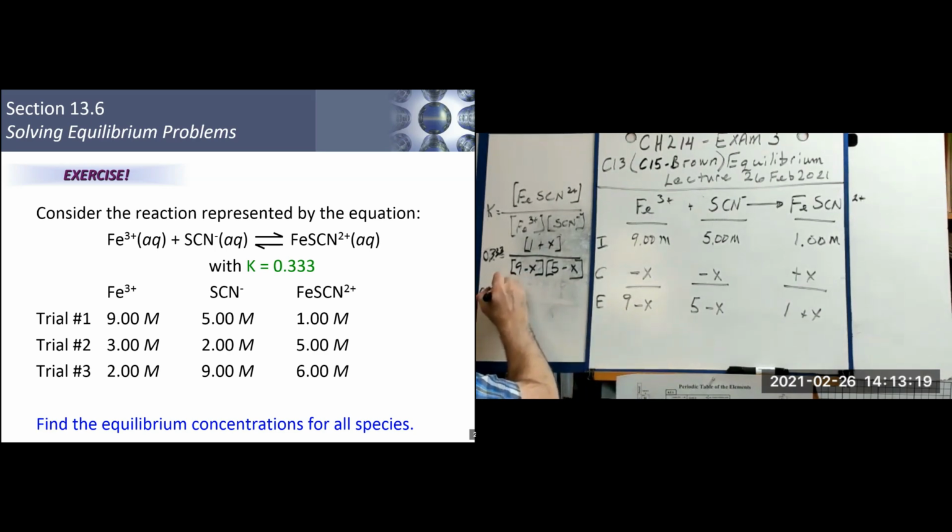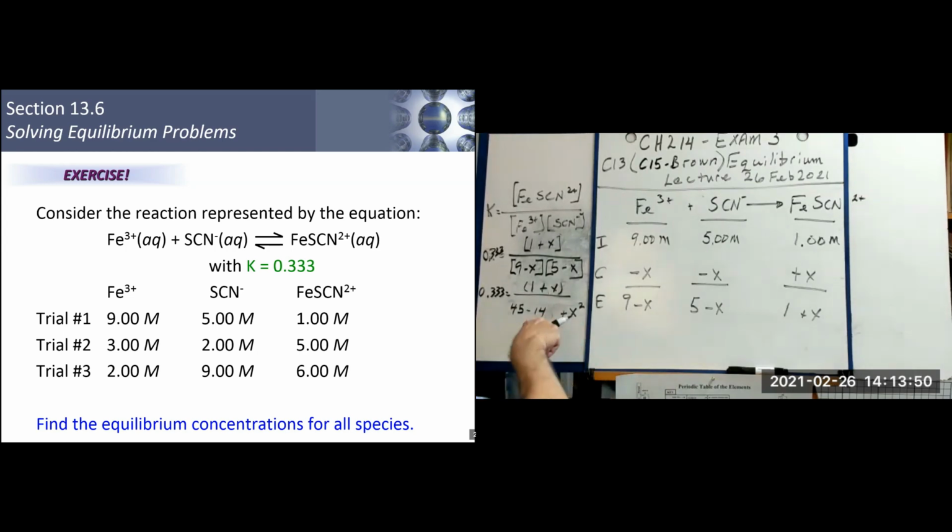So this one is equal to 1 plus x divided by 9 times 5 is 45, and x squared, right? 2 minus x's make a plus x squared, and then 5 times x and 9 times x. So this will be a minus 5 and a minus 9, which is a minus 14x.